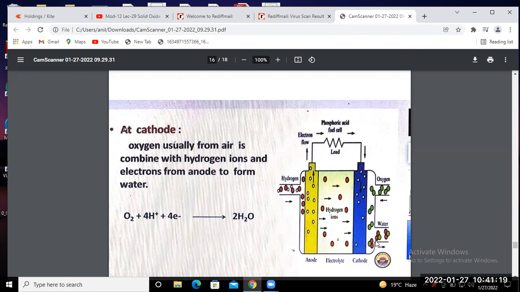This water we take out from this path, oxygen is supplied through this path, and hydrogen through this one.